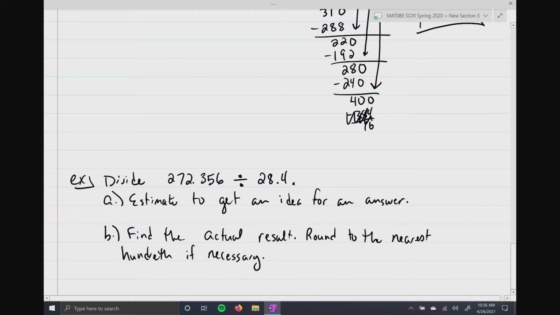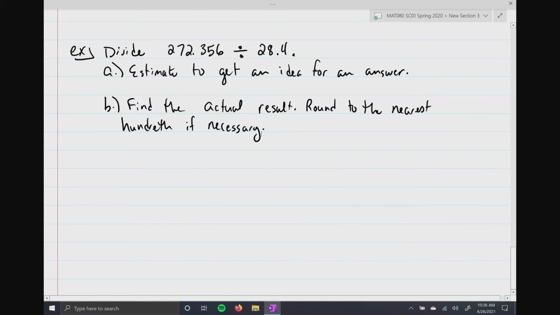And if we need to, round to the nearest hundredth. Okay? So, excuse me. Let's look at our problem. 272.356 divided by 280. Or I'm sorry, 28.4. I don't know why I said 280. 28.4.